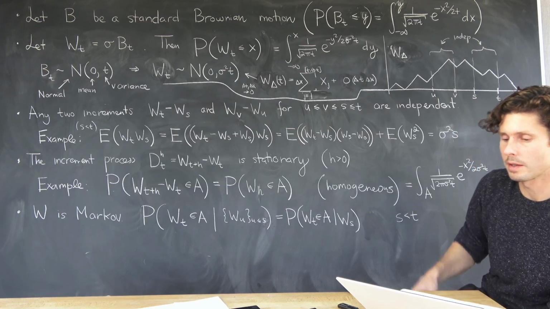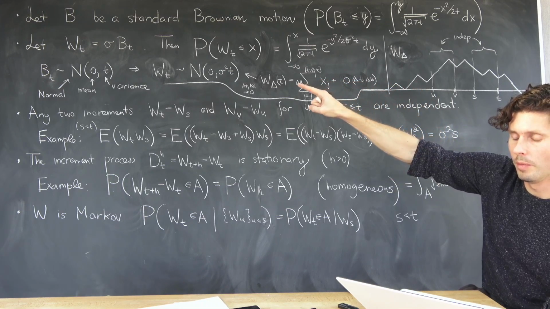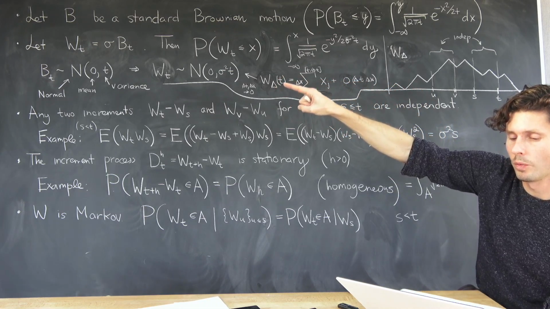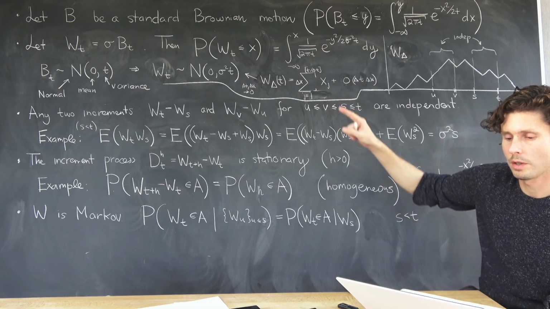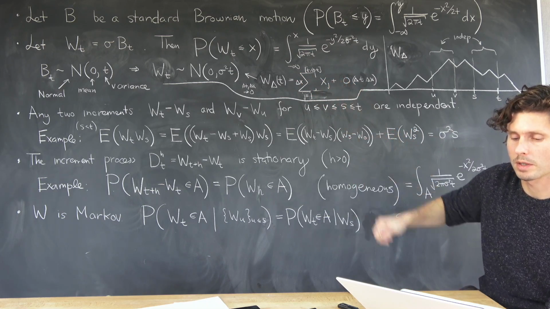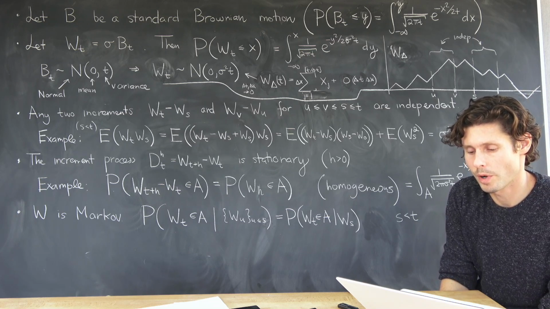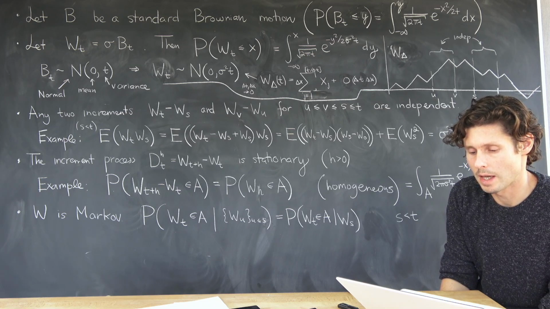So again, this is inherited from the Markov property. We showed right in the beginning that the discrete time random walk from which this process was derived had the Markov property, and the same exact thing happens here.